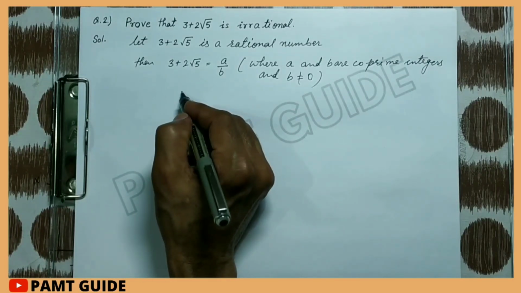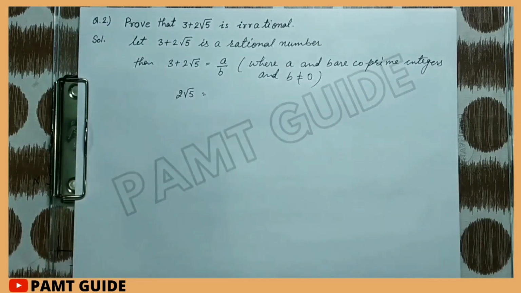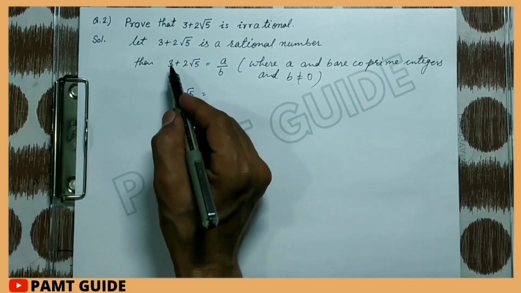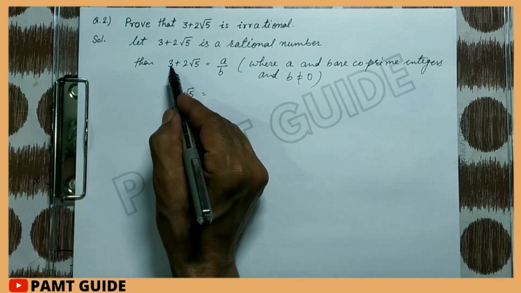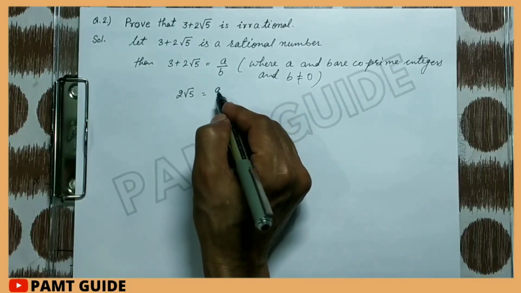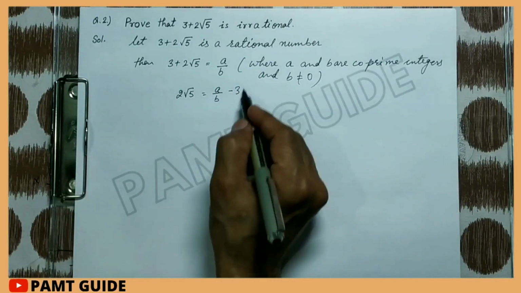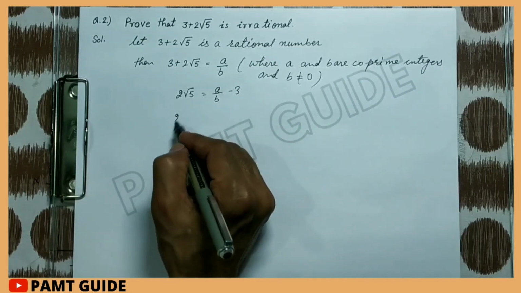So 2 root 5 equal to, we shift integer 3 to the right side, then it will become a by b minus 3. Now we take LCM at the right side.